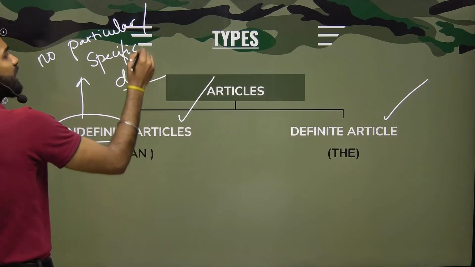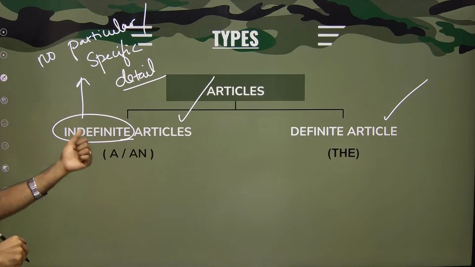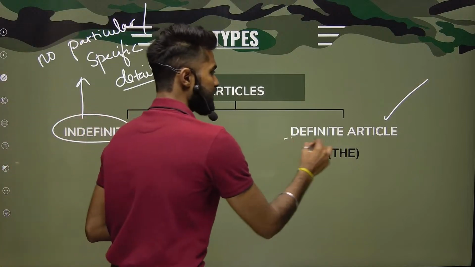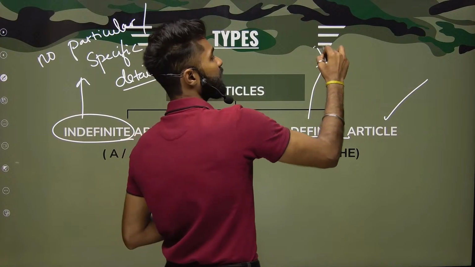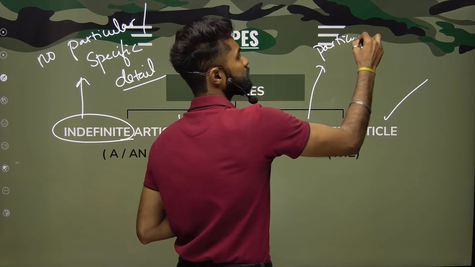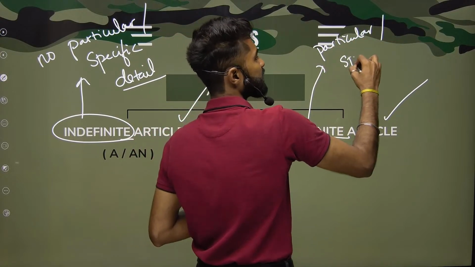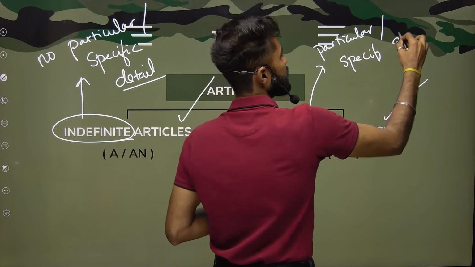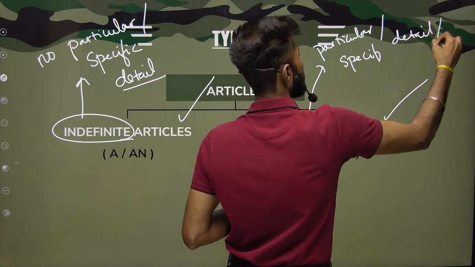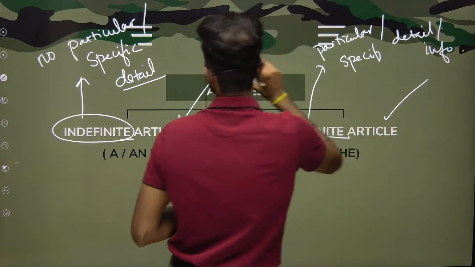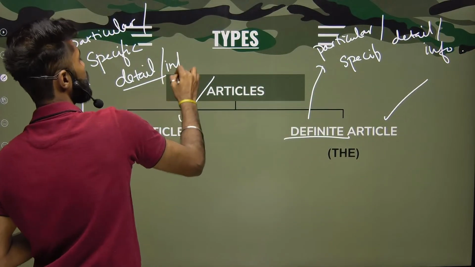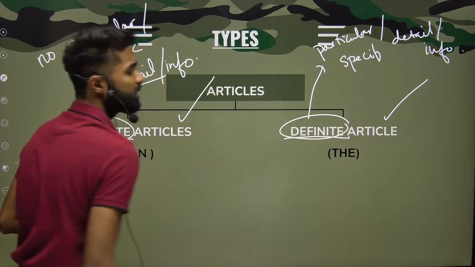If I don't have any particular or specific detail, I will call it indefinite. Whereas if I have any particular or specific detail or information, I will call it my definite thing.